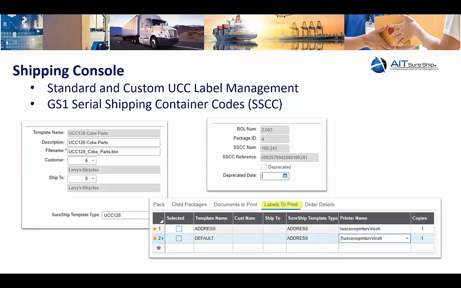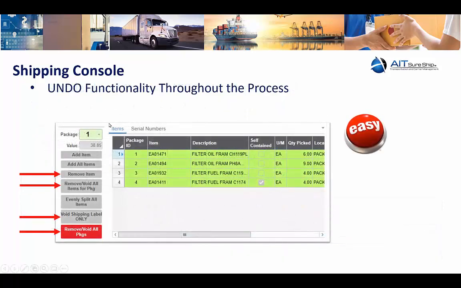You also can do UCC 128 labels for specific customers. And again, they can be set up on a customer-by-customer basis. We're using Bartender, similar to Factory Track. So once you've got the label designed, we just print it out there, and it works like Bartender magic.